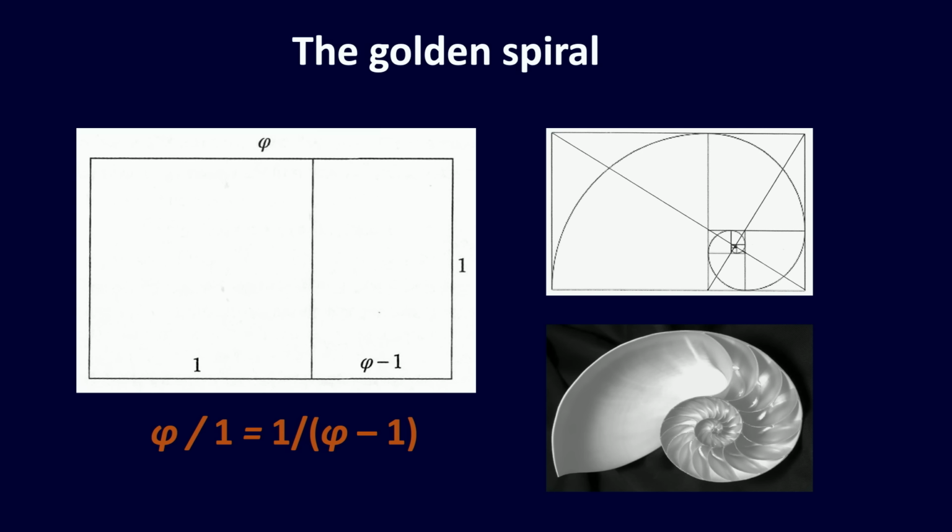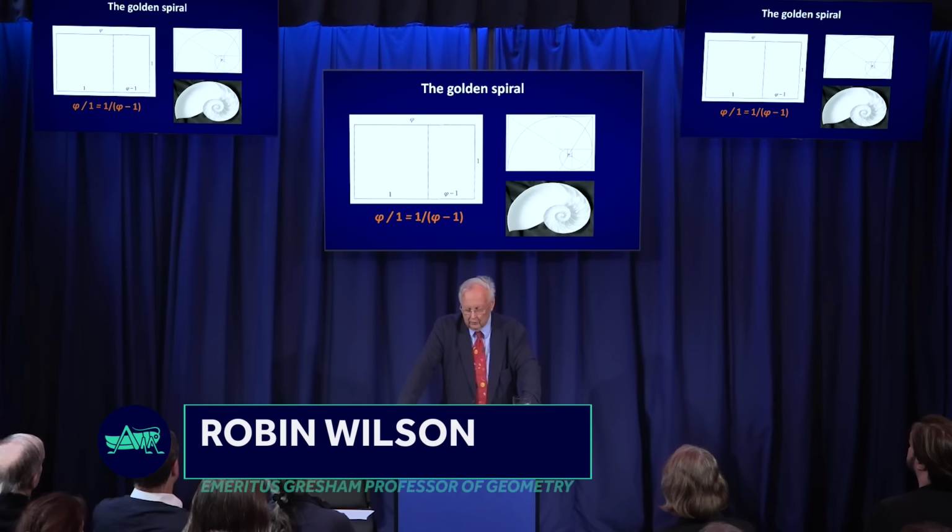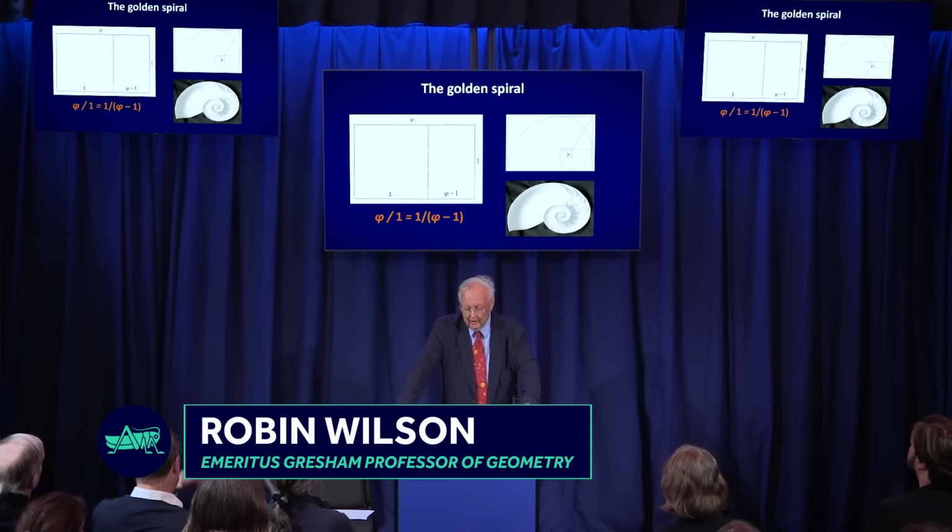Well, a golden rectangle has side lengths in the ratio of phi to 1. And if from such a rectangle we remove a square of side 1, we obtain a smaller rectangle, the vertical one, with sides in the same ratio. This is because phi over 1 equals 1 over phi minus 1.